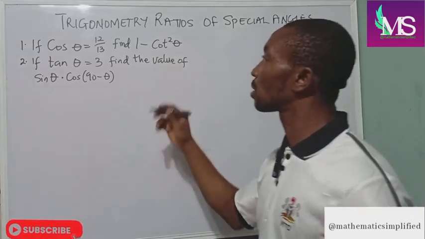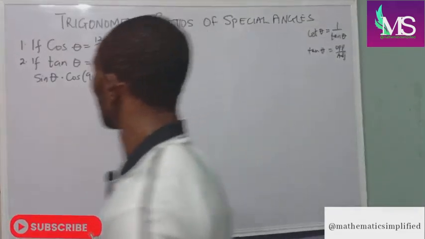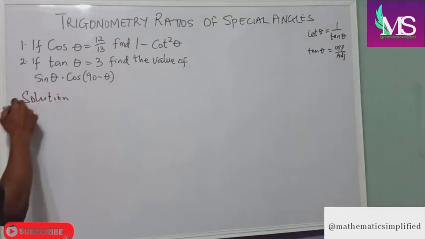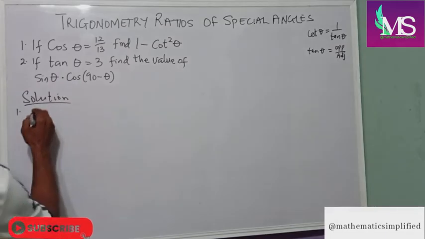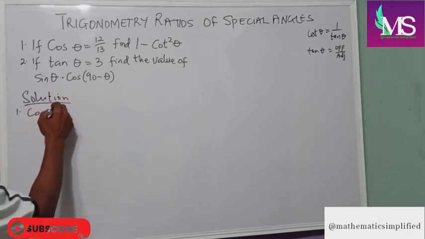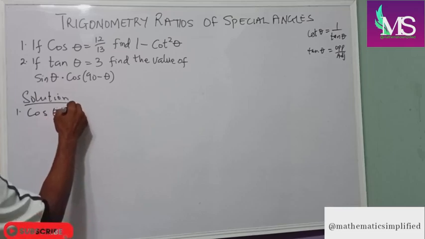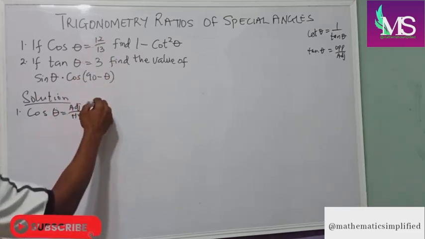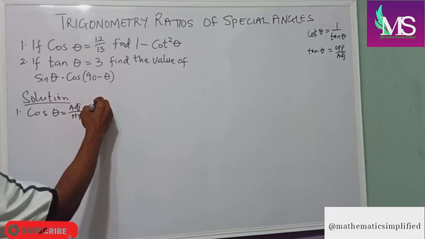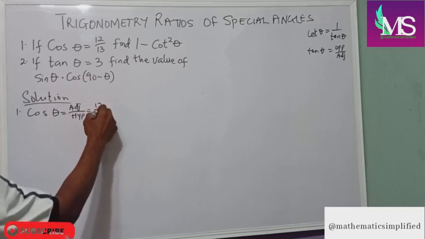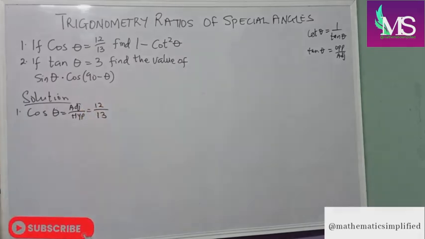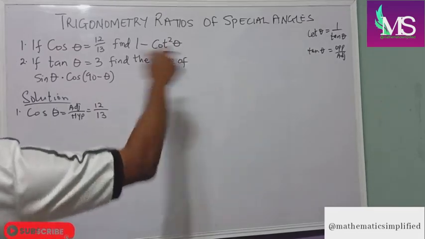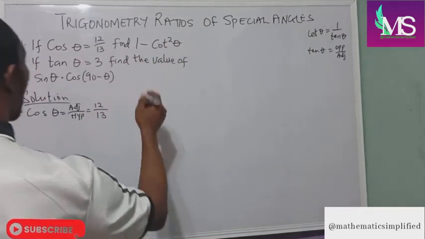Now, in solving this, our solution for question 1, we know that cos theta equals adjacent over hypotenuse. So here we've been told that our adjacent is 12 and the hypotenuse is 13. In doing this, we need to find our opposite, since tan theta is opposite over adjacent.